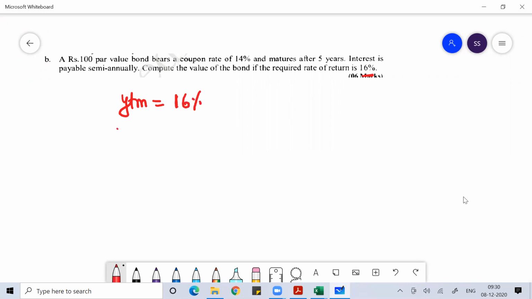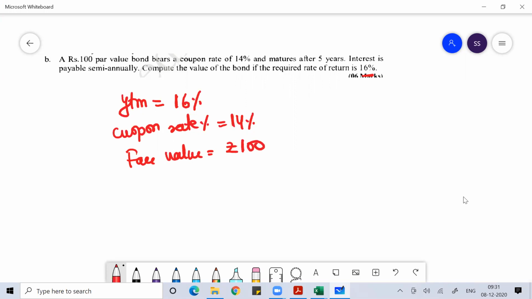The coupon rate is 14%, and your face value is 100 rupees. Always remember that the coupon is calculated on face value.